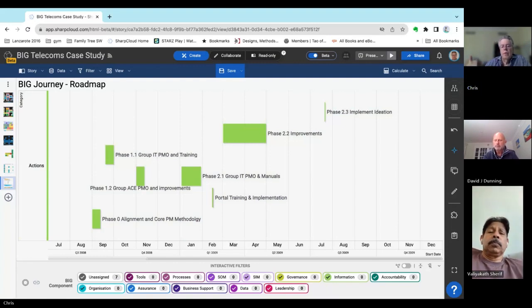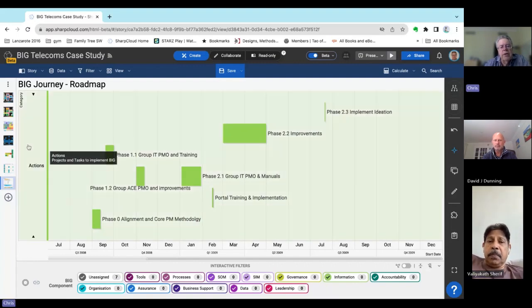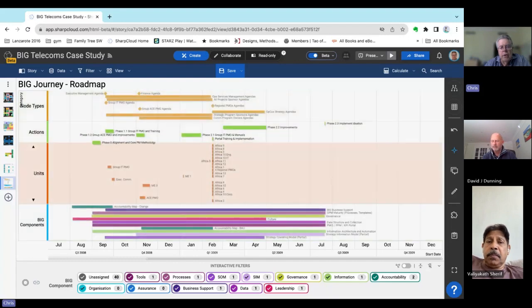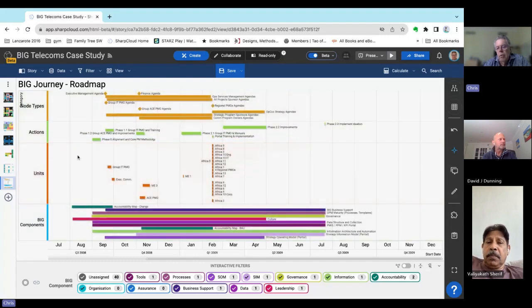So repeatable steps, and then just making sure that each step both improved our maturity levels, but also improved the scope of reaching out across the different units. And that really just multiplied the impact of these changes within a relatively short time. So within 12 months, we've got, I think, a lot done.